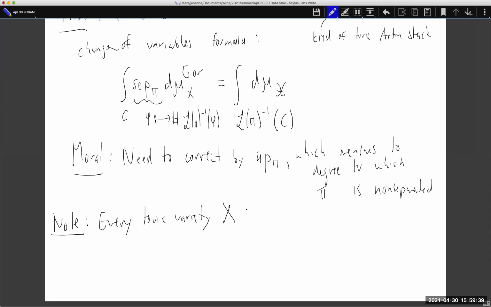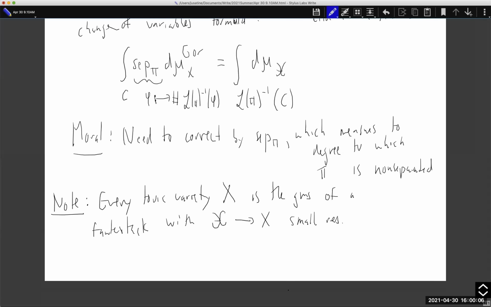Anyway, every toric variety X is always the good moduli space of a fantastack that satisfies the condition that this map from the fantastack to X is a small resolution. So in other words, this theorem is already applying to all toric varieties. So I at least am seeing information about stringy invariants of toric varieties from that.